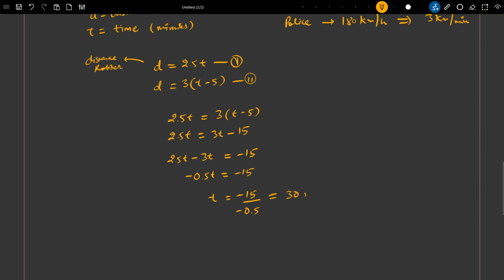So time is in minutes, so this is 30. That is the time it will take to intercept the robber.